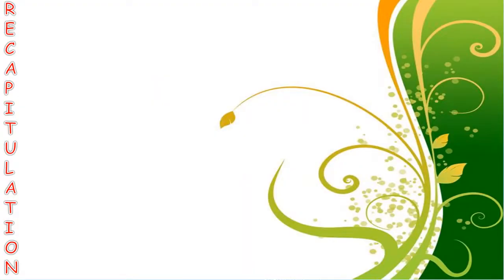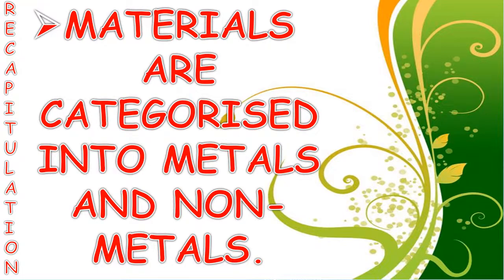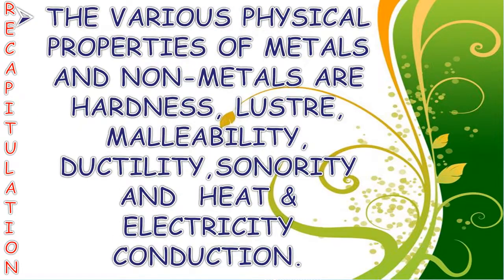Before we start, let's recapitulate the key points of the previous part. Materials are categorized into metals and non-metals. The various physical properties of metals and non-metals are hardness, luster, malleability, ductility, sonority, and heat and electricity conduction.